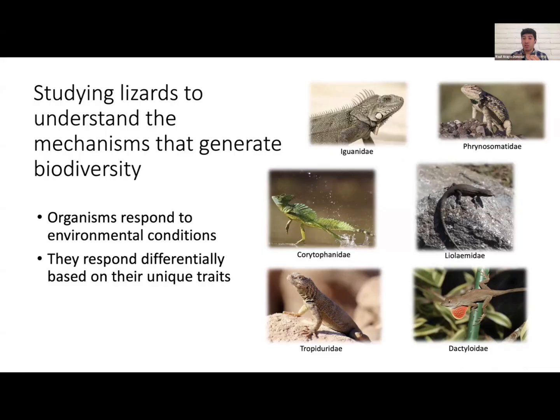And if we want to learn about their evolutionary trajectories, and how that can teach us as humans how to respond to environmental changes. We know that they respond to environmental conditions, but they also respond differentially based on their unique traits. So when you have high or less genetic diversity, you will respond differently to environmental changes.